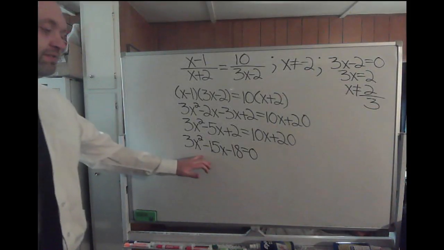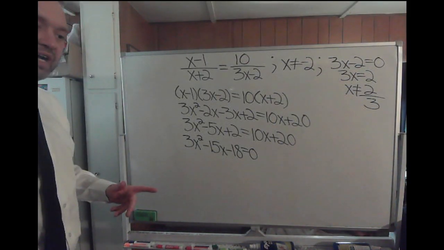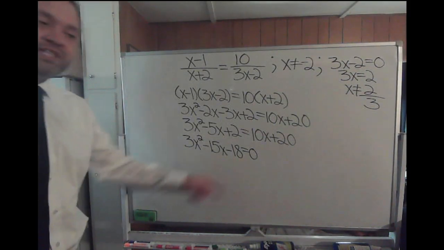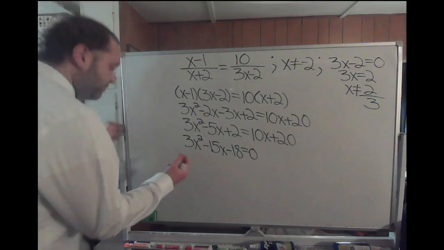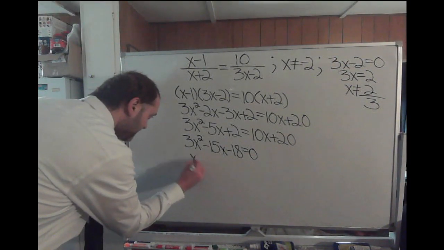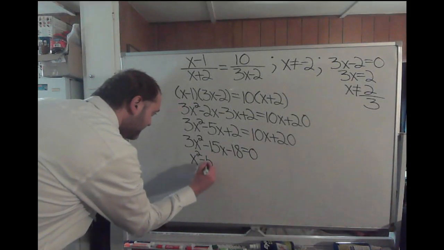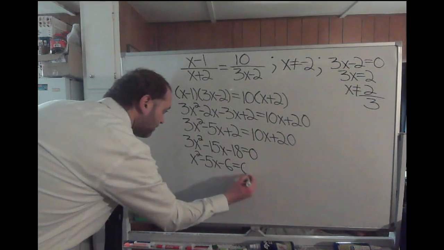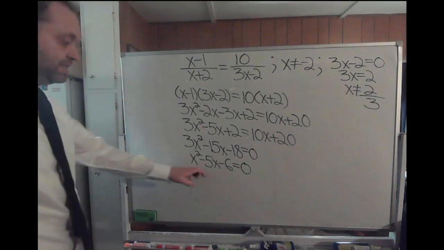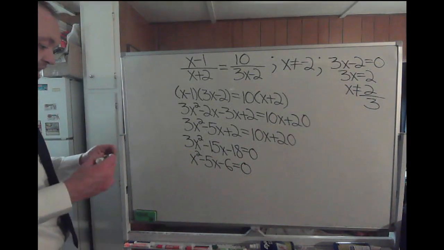We can simplify first before we even try to factor. All three of these terms have a common 3, right? If we divide all three of these terms by 3, what it turns into is you get x squared minus 5x minus 6 is equal to 0. That's a lot more pleasant to work with than what you originally had.